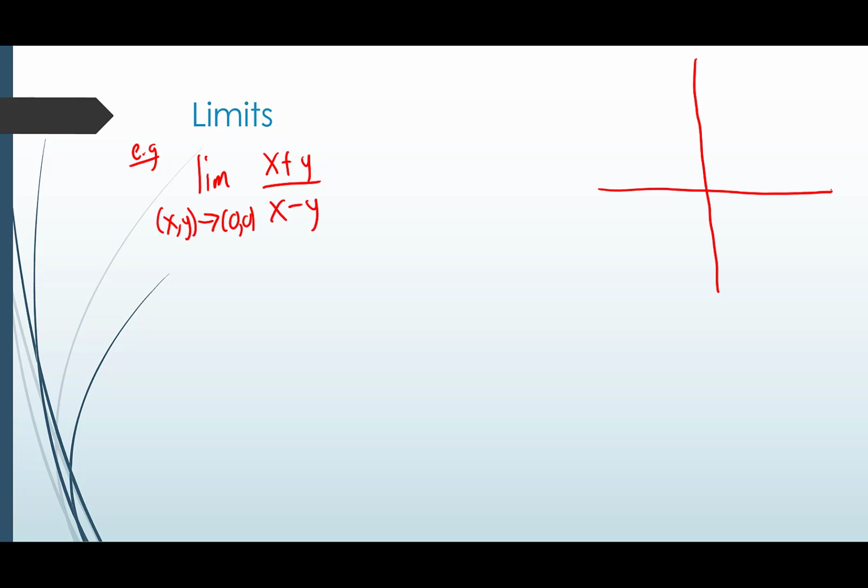For example, let's say we were taking the limit of the function x plus y over x minus y as x, y goes to 0, 0. The reason limits are a lot more complicated than Calc 1 limits is that if we're taking the limit to a point, in this case as x, y goes to 0, 0, we have infinitely many ways we can approach this point.